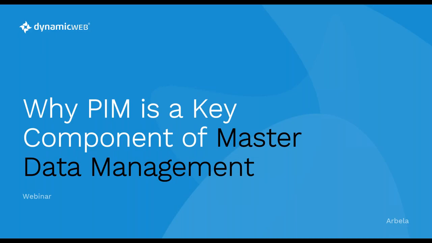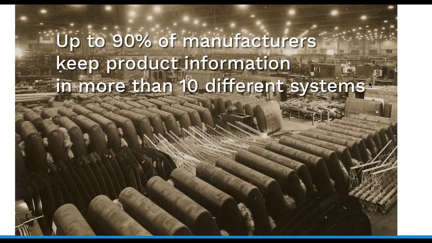So let's start off here with a quote that I think really fits the bill, not just for manufacturers, but this one is for manufacturers: 90% of manufacturers keep product information in more than 10 different systems. So in the concept of master data, that's where you have the ERP, and then that keeps data inside of it, of course, for a variety of different groups and teams within the company.